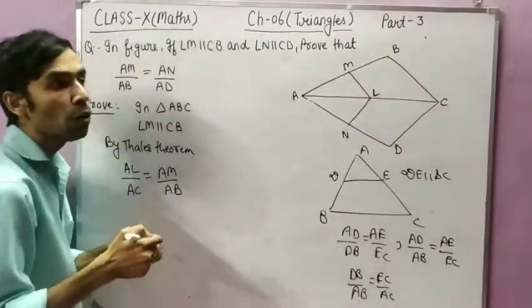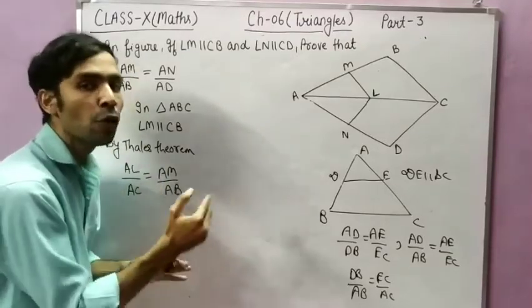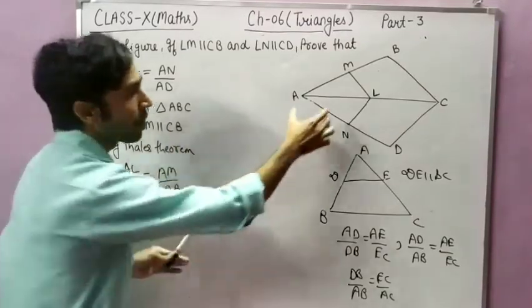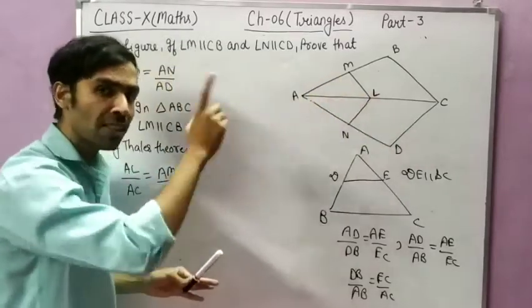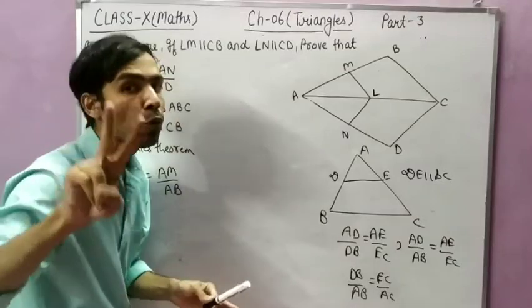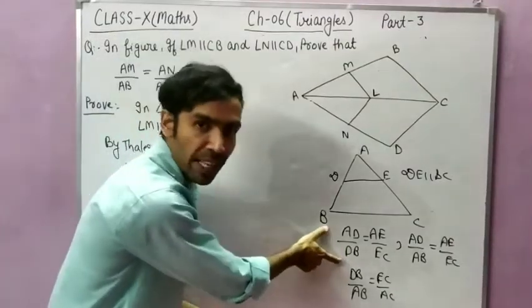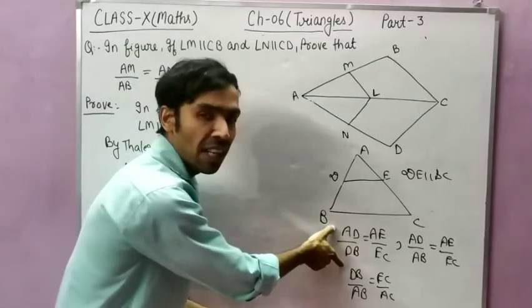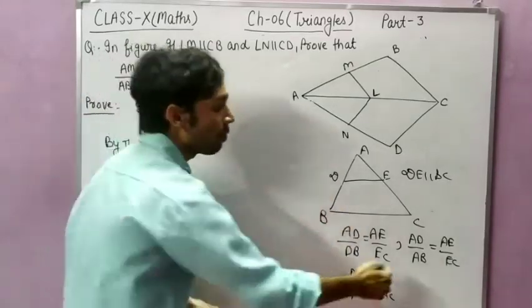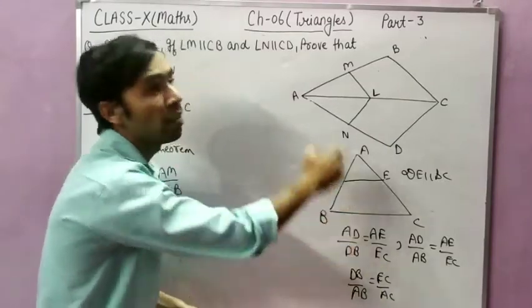Whatever rule you apply to write the ratio on one side, apply the same on the other side. Two sides are divided in the same ratio. With the help of that result you can derive two more results which I derived in the previous part. This was the basic Thales theorem, and with its help I derived two more results: first this and second this. You can see it in part number 2 of this chapter.